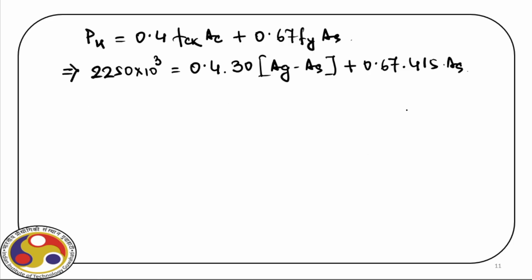Now Ag is equal to pi by 4 times 450 whole square. So this is equal to 159.11 into 10 to the power 3 millimeter square.